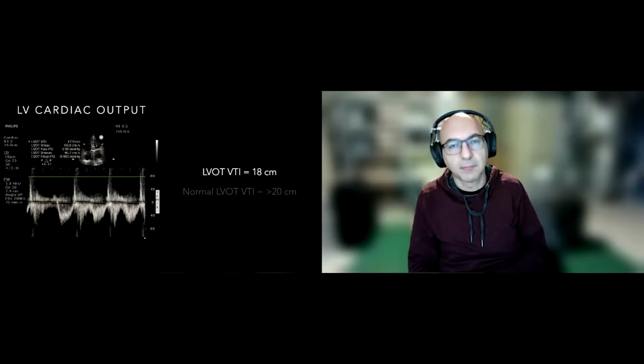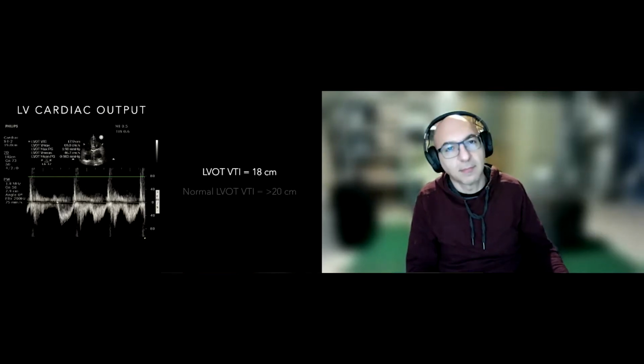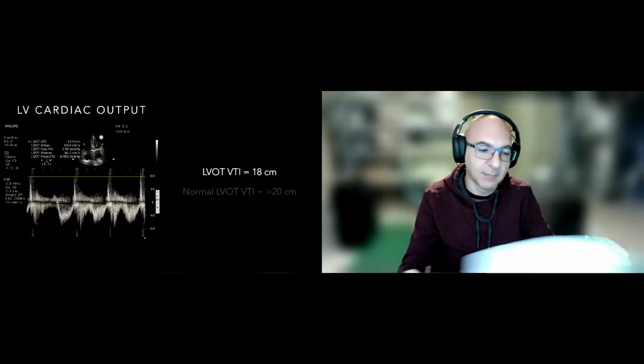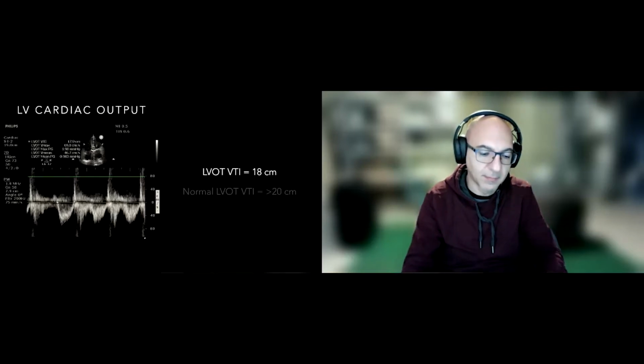In that scenario, you would see a normal to hyperdynamic ejection fraction because the heart's trying to work overtime to get as much blood pumped to perfuse organs, but there's maybe just not enough cardiac output because it's completely insufficiently filled, because the preload's just in the toilet. So that may be another example. Again, I'm not going to do an LVOT VTI in the trauma bay for a GSW, that one's kind of self-evident.